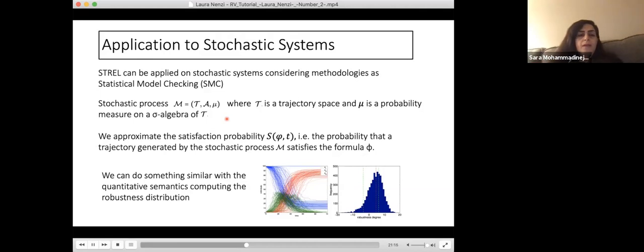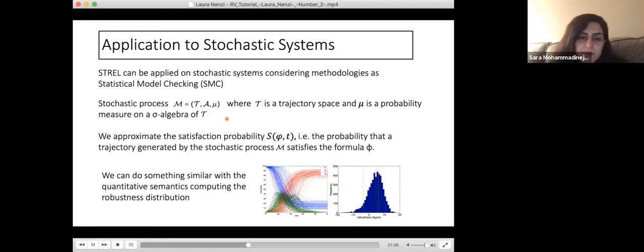And on this is defined a probability measure on a certain sigma algebra of the trajectory space. This is something that we cannot compute exactly, so what we have is an approximation.